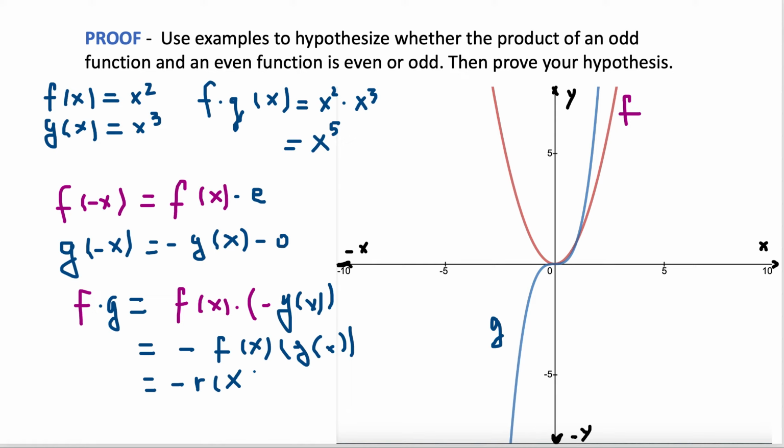Let's say f times g is r, so this is r of minus x, because both of them will be multiplied when we change the argument to minus x. f of minus x and g of minus x, r of minus x, when we multiply them we get minus r of x, which satisfies the condition of the odd function. It means that when we multiply an odd function with an even function we get an odd function. So this completes the proof.